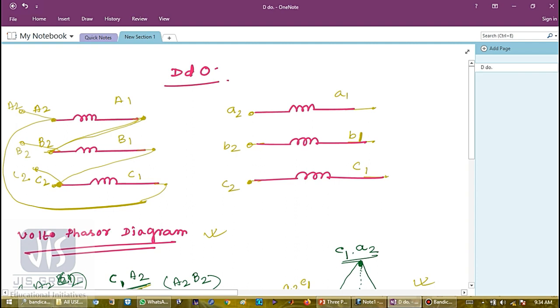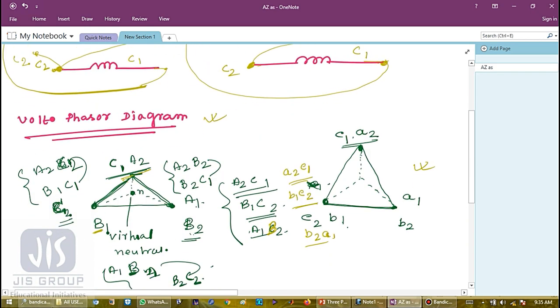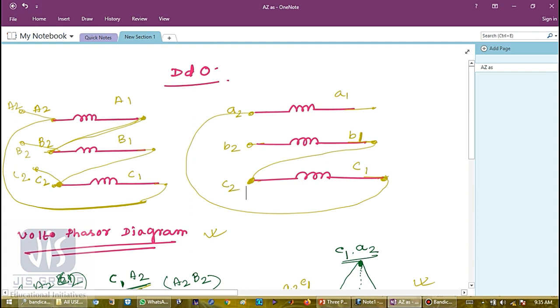So secondary, let me check. A2 is connected to C1. Then B1 is connected to C2. And B2 A1, so A1 is connected to B2.